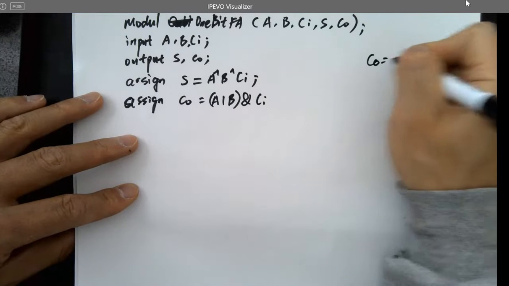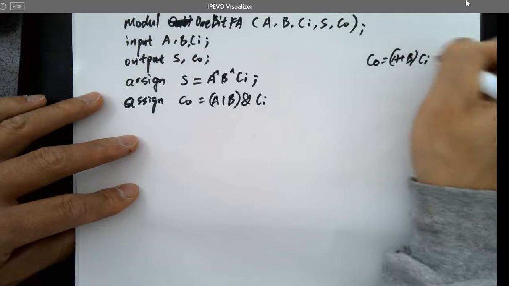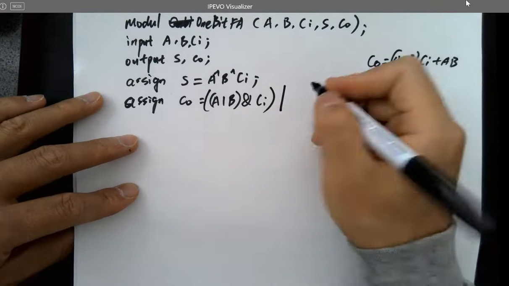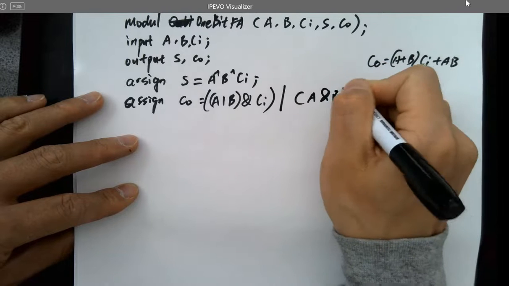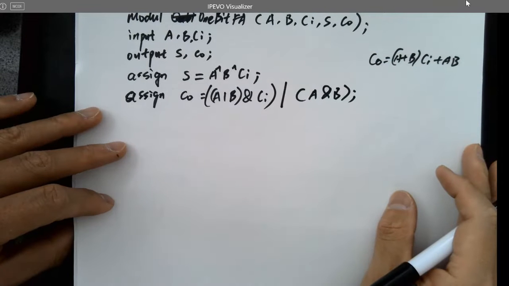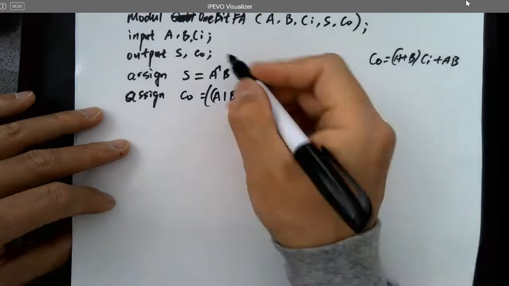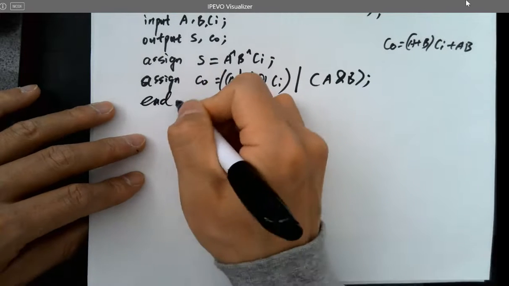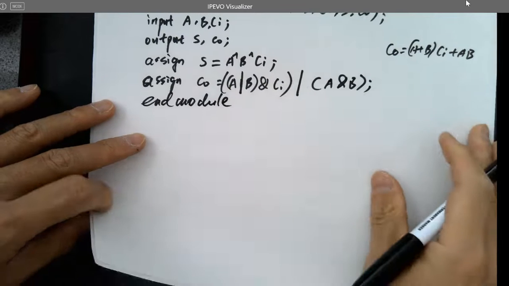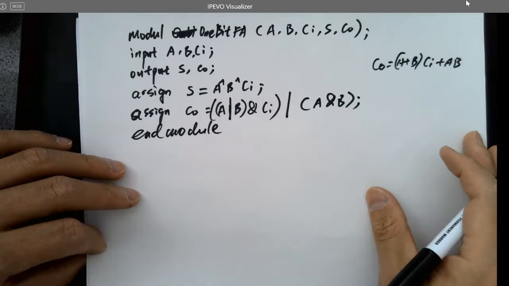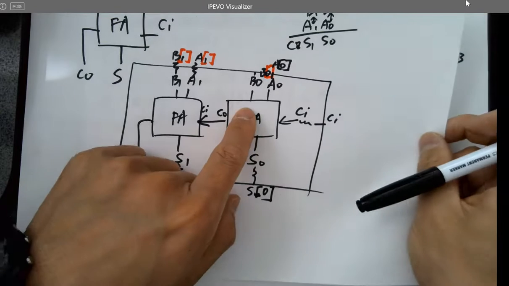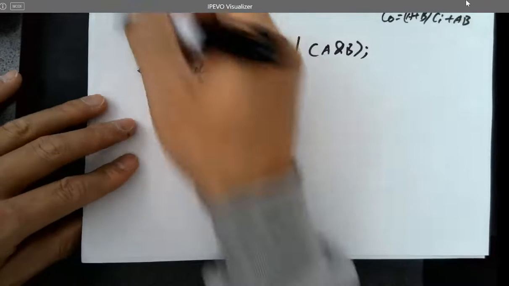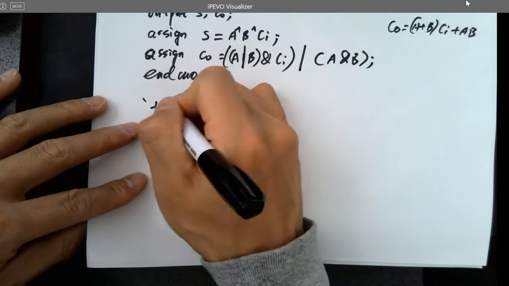Is that correct? So that's a 1-bit full adder. That's one single FA here. And you can directly write a test bench below it.